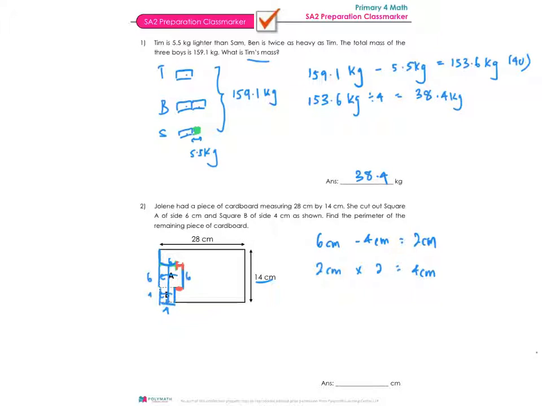So that will be 28 times 2 plus 14 times 2, which is 28. So actually it's 3 28s, which is 84 centimeters. And then you just add 4 cm to 84 to get the answer, which is 88 centimeters.